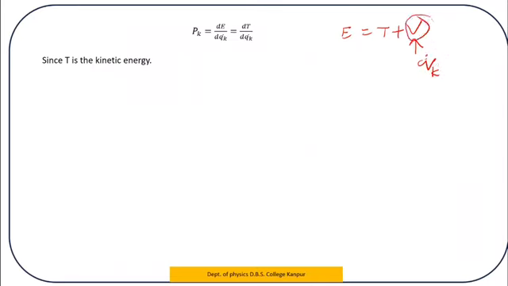So pk is equal to ∂E upon ∂qk dot, or ∂T upon ∂qk dot.